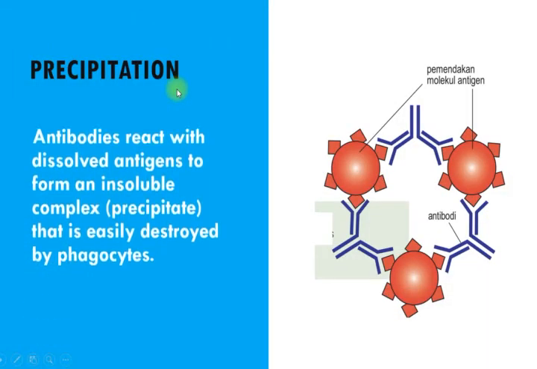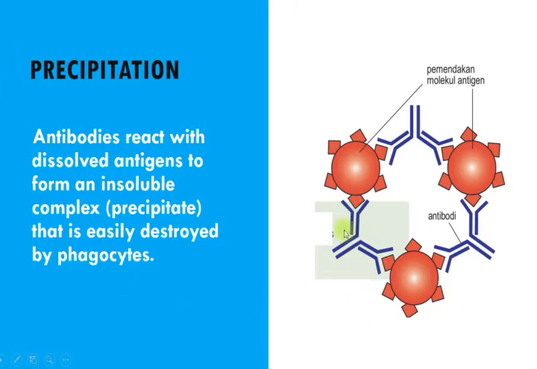Then we go to the third one, precipitation. The keyword here is precipitate. Precipitate adalah mendakkan. Dia memendakkan pathogen tersebut. The antibodies react with dissolved antigen to form an insoluble complex, which is precipitate, and is easily destroyed by phagocytes.